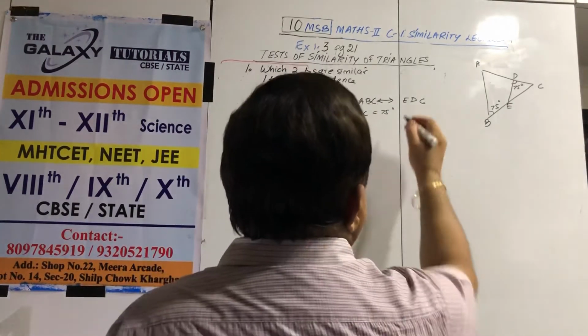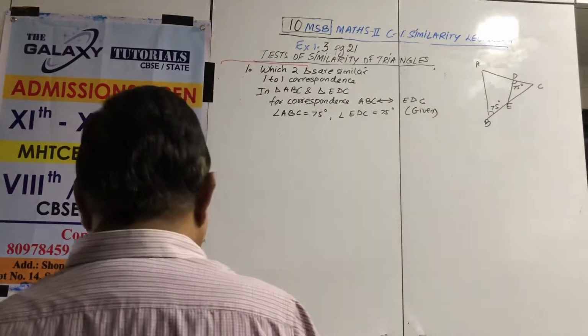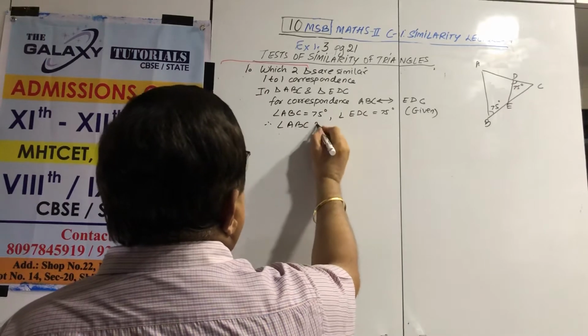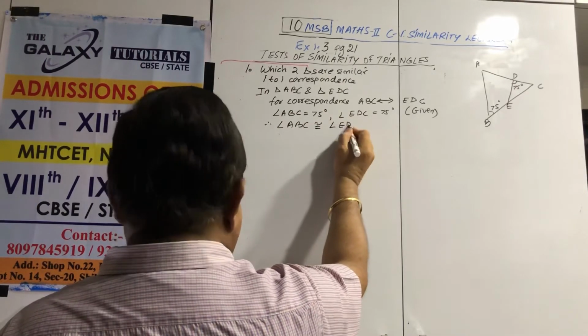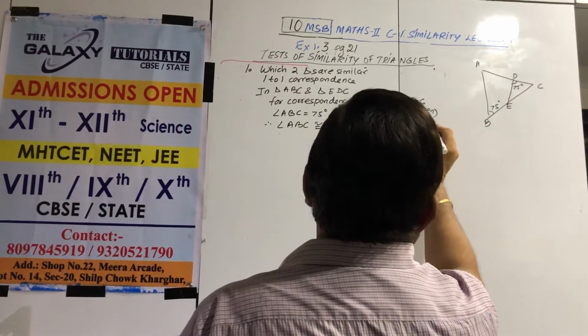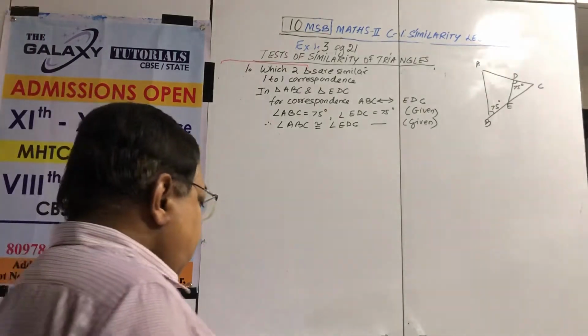That is given in the diagram. Therefore, angle ABC is congruent to angle EDC. Given. If measures are equal, angles are congruent.